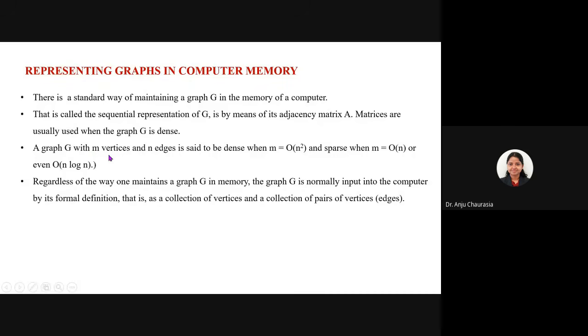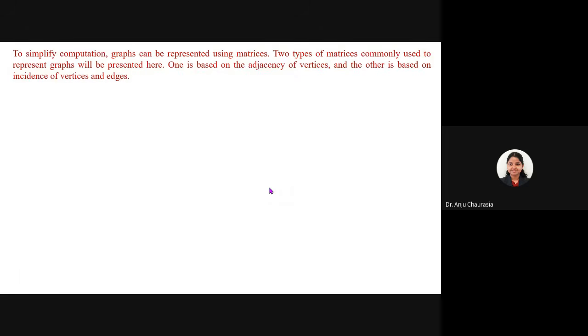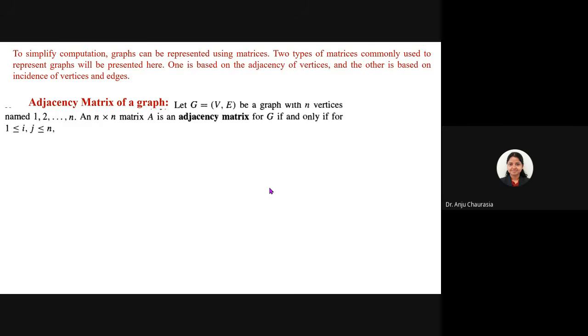If a graph has m vertices and n edges and the graph is dense, the matrix will be of order n square. That is the definition, but I will not focus on it here because we have less time. We'll focus on how to create different types of matrices. There are two matrices we can create for computer use.